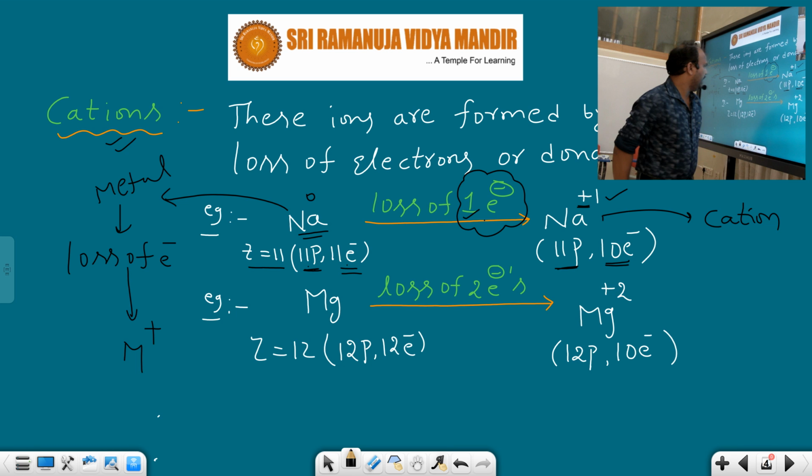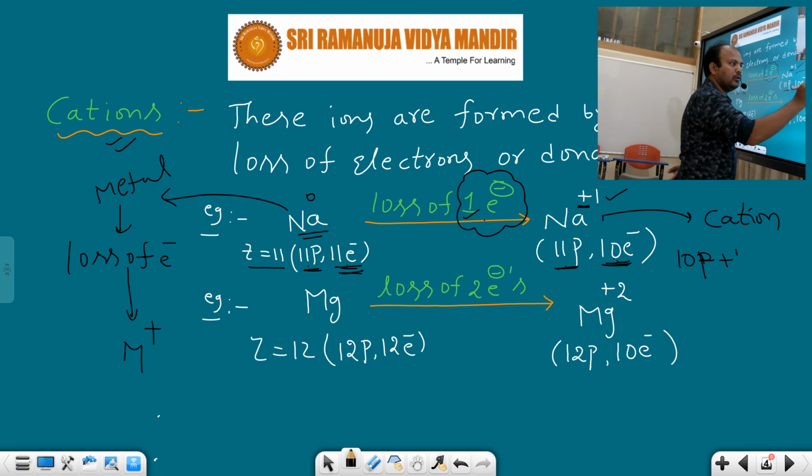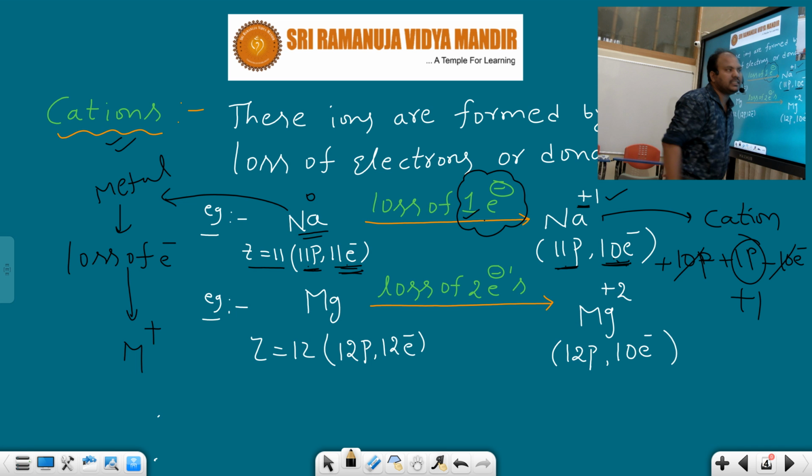So how many more protons than electrons? Here 10 electrons and 10 protons, and the 11 protons are 10 protons plus 1 proton. Electrons have negative charge, protons have positive charge. They cancel each other. How many positive charges are present? Only 1 positive charge is present. That's why sodium gets +1 charge.